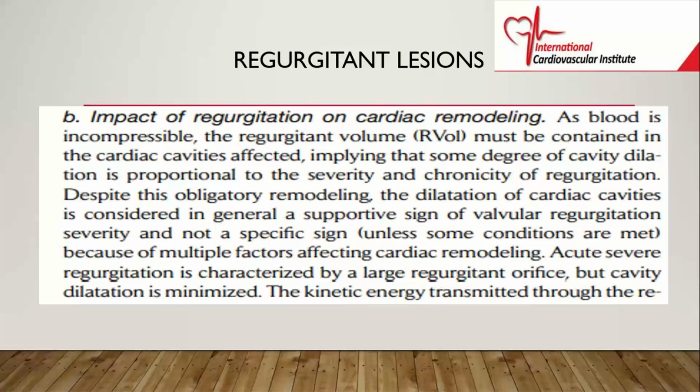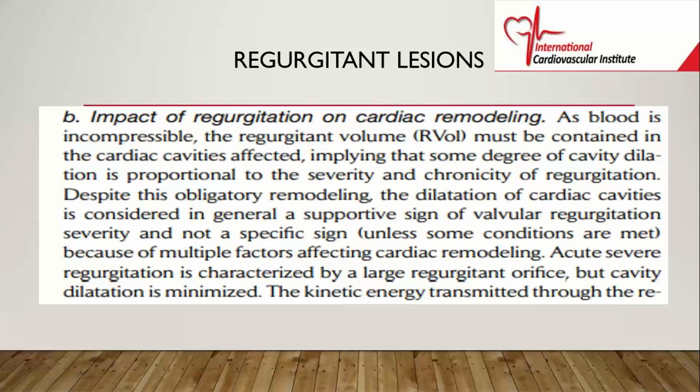So when you have significant regurgitation, blood is going to move across the valve backwards. The receiving chamber is going to dilate, and that's what we call cardiac remodeling. Especially with chronic regurgitation, the receiving chamber is going to get larger and larger and larger.